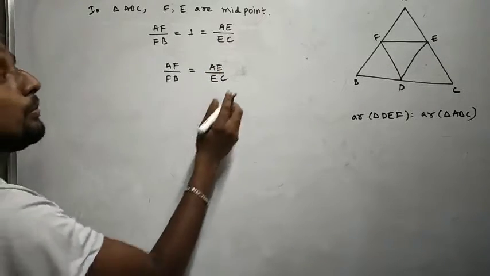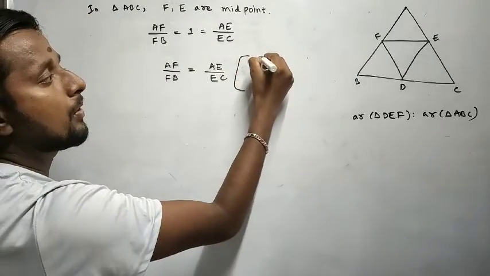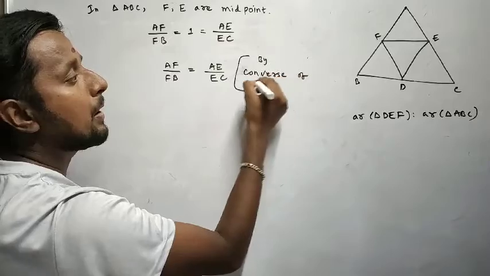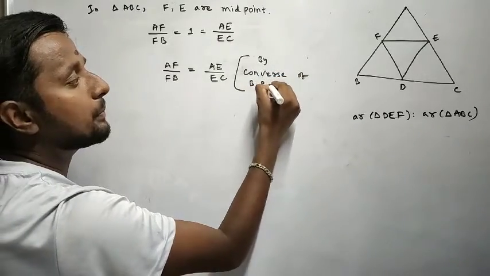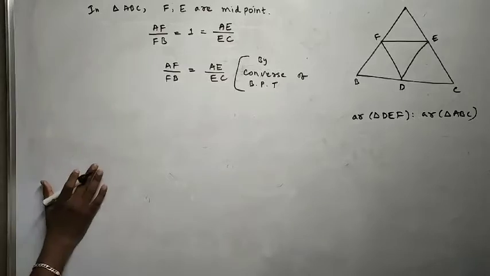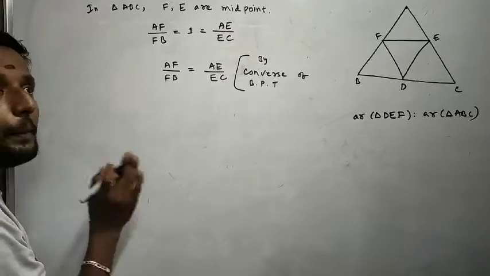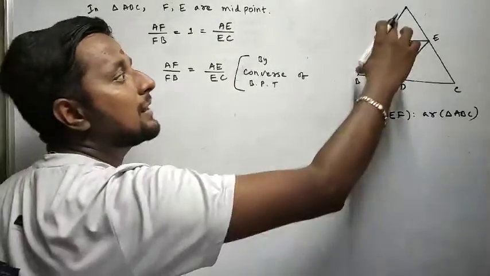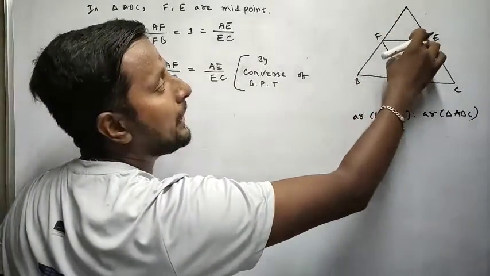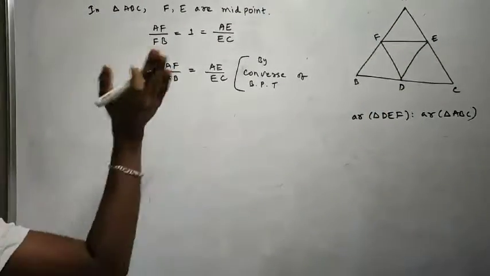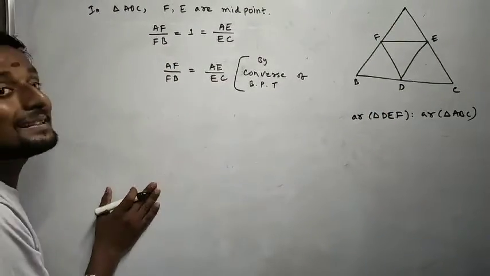So by the converse of BPT, the basic proportionality theorem, what does it tell us? If a line divides two sides of a triangle in the same ratio, here the line FE divides AB and AC in the same ratio, then it is parallel to the third side.